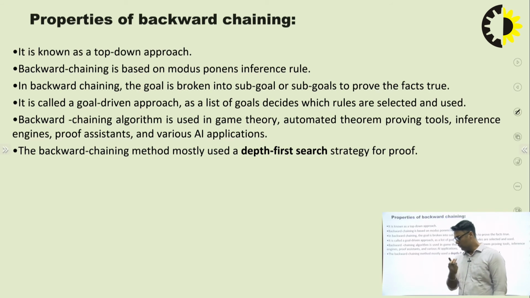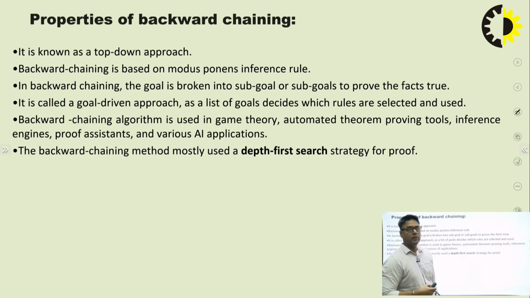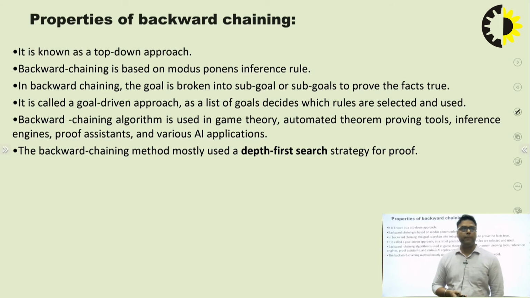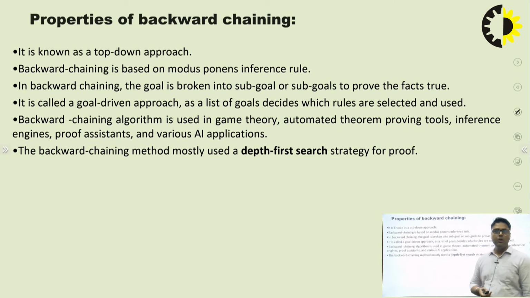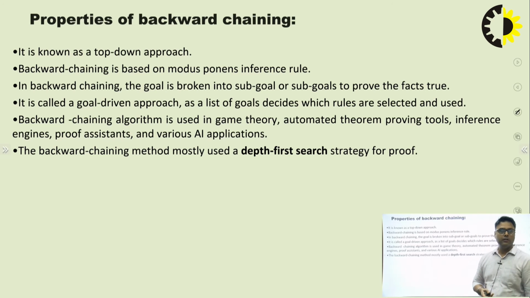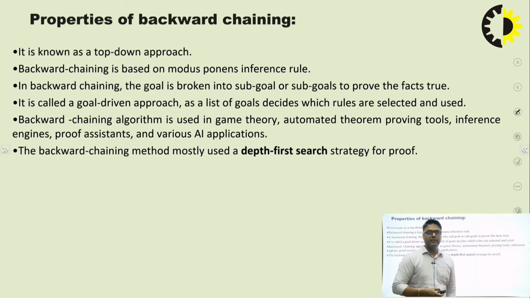In inference rules, we add some features, given knowledge, and generate new information, and finally find the conclusion. In backward chaining, the goal is broken into sub-goals to prove the facts and rules. It is called a goal-driven approach, as the list of goals decides which rules are selected and used.